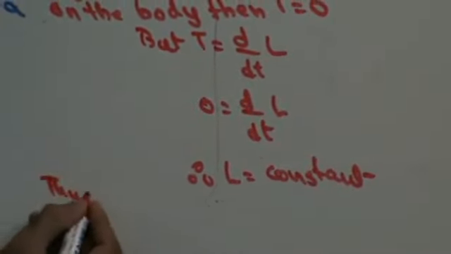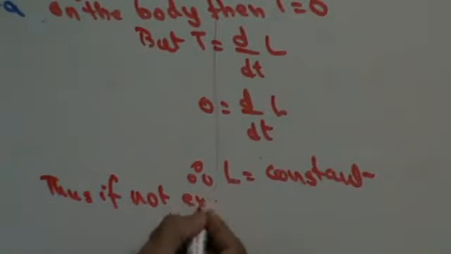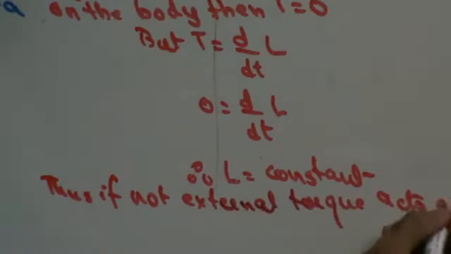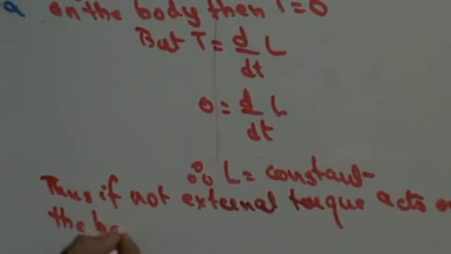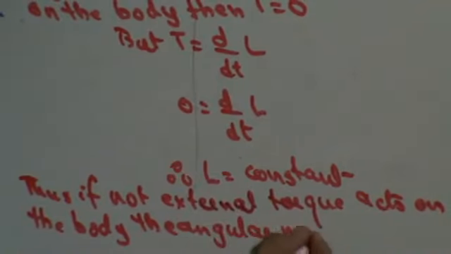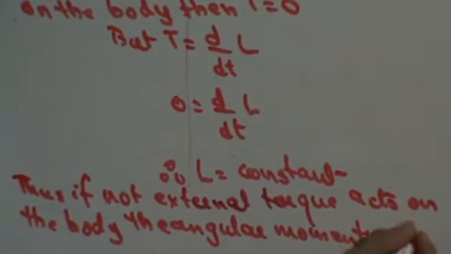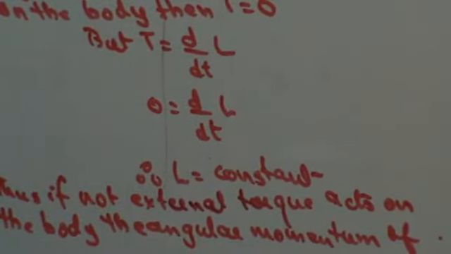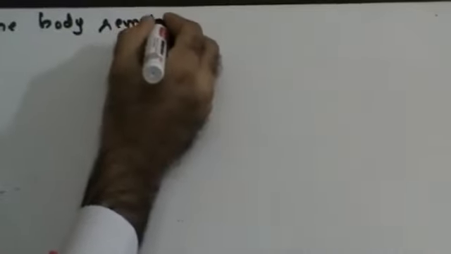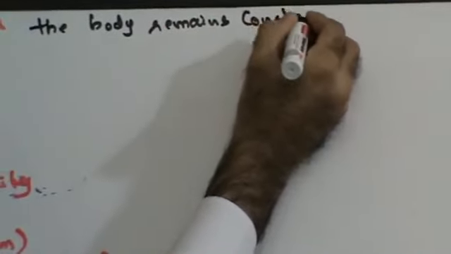Thus, if no external torque acts on the body, the angular momentum of the body remains constant.